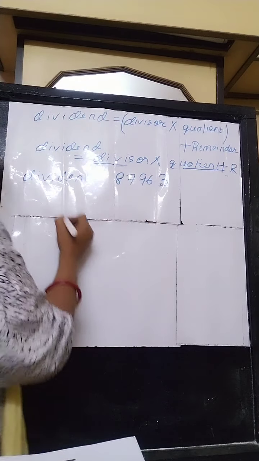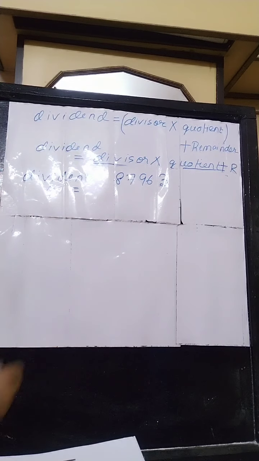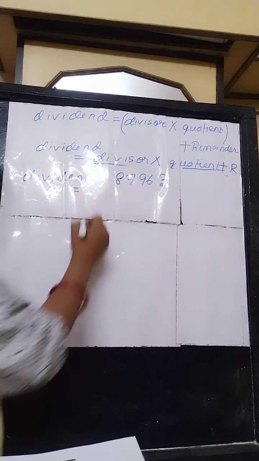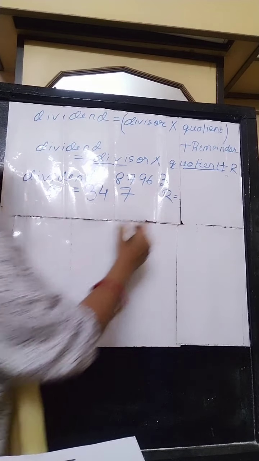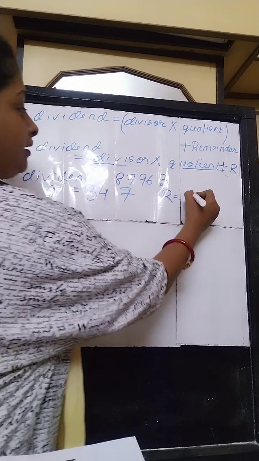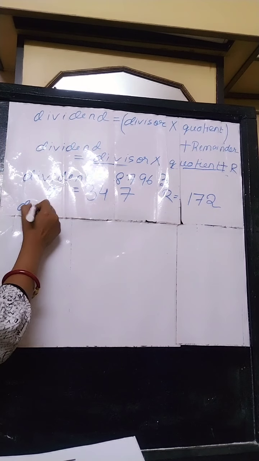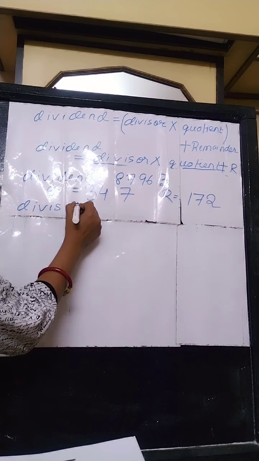Quotient is also given, 347, and remainder is also given as 172. You are asked to find out the divisor.